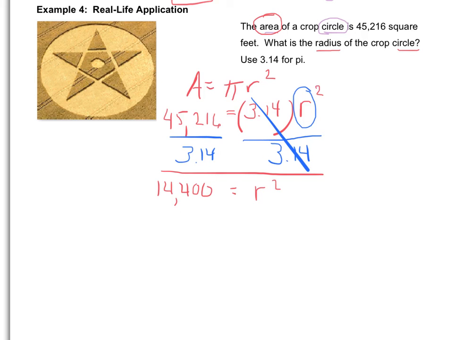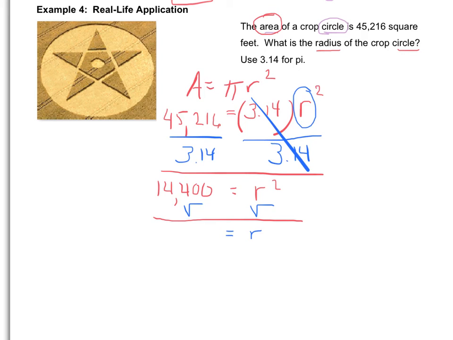Now, to undo the square, we take the square root. Remember, we just said it undoes the square. At this point, I certainly could have two answers for r from the square roots, but we would never do a negative radius, so we're only going to do the positive. But r squared, when I take the square root, is r.